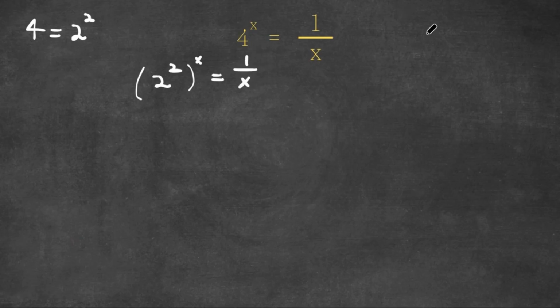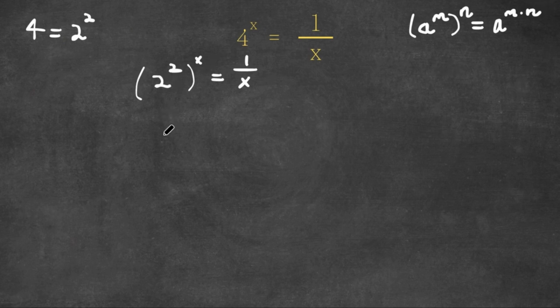Now, if we have something in the form a to the power of m to the power of n, this is equal to a to the power of m times n.